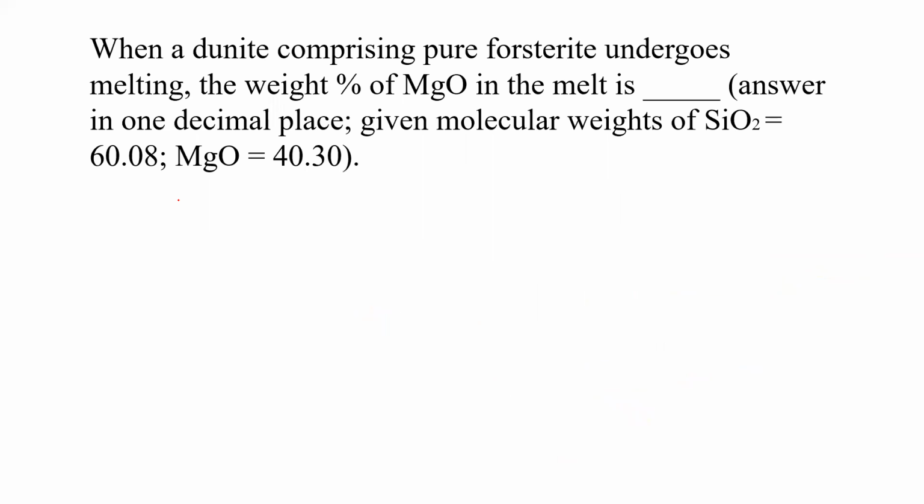So this will be seen here now. When the dunite comprised of pure forsterite undergoes melting, the weight percentage of MgO in the melt is dash. And molecular weight is given over here, but before that we have to know the formula of forsterite, that is Mg2SiO4, and we have to break it into these moles.